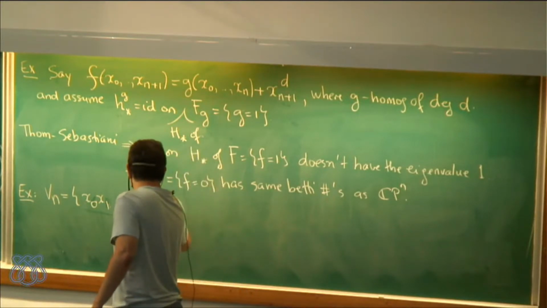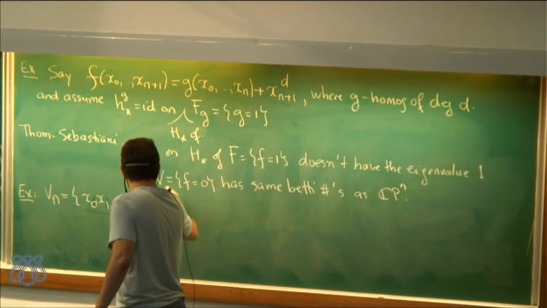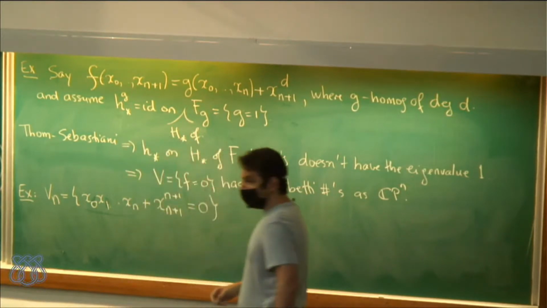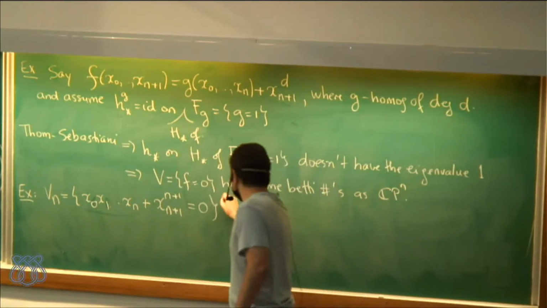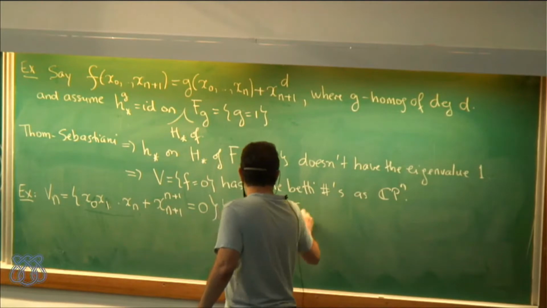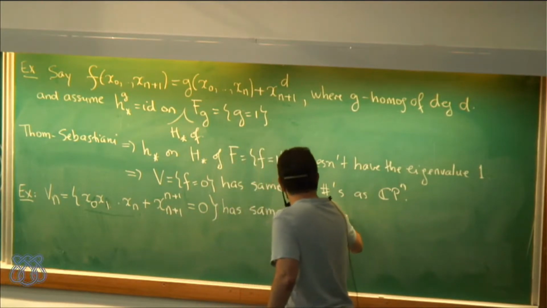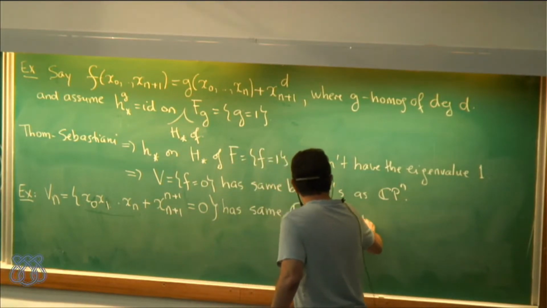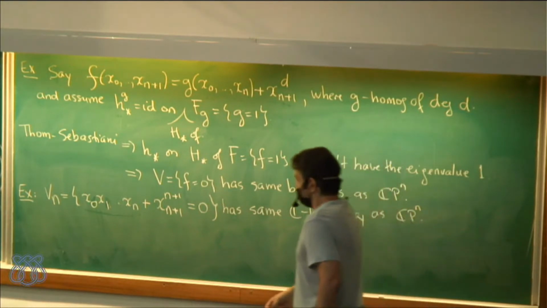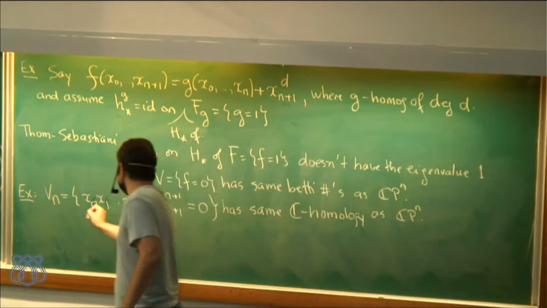Add to it x_{n+1} to the degree n+1. And the claim is that this has the same C homology, or same Betti numbers, as CP^n. Well, so this is our G.